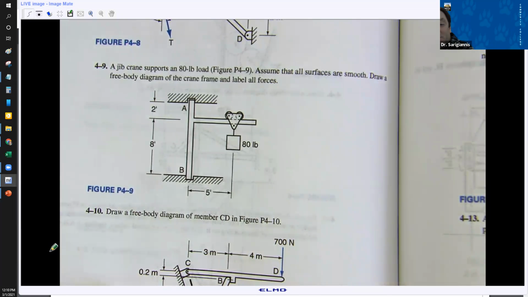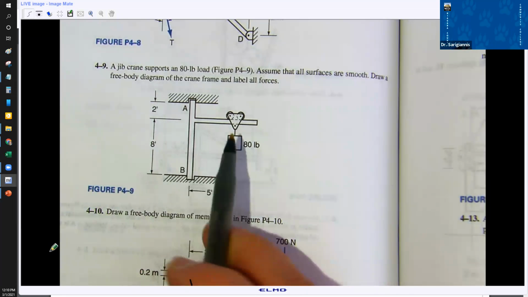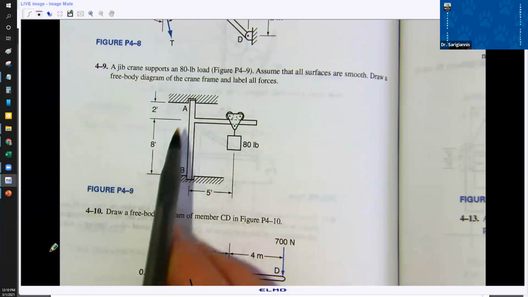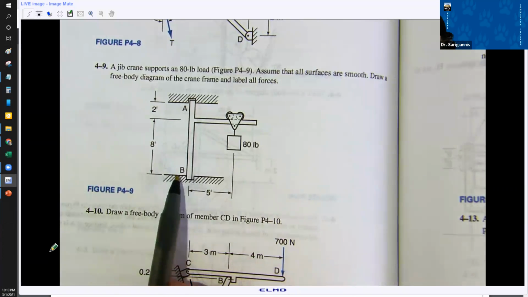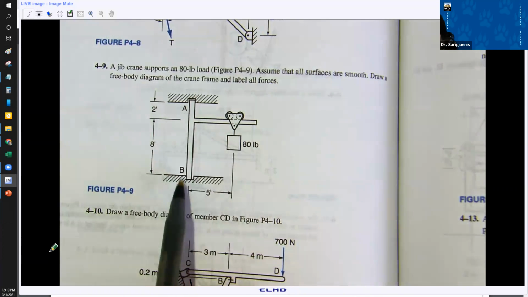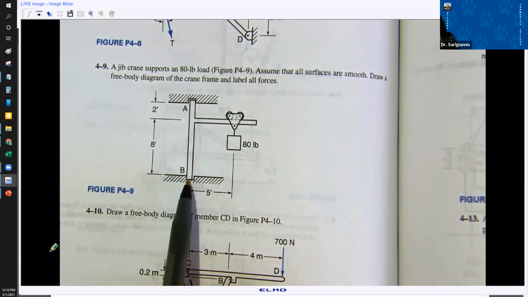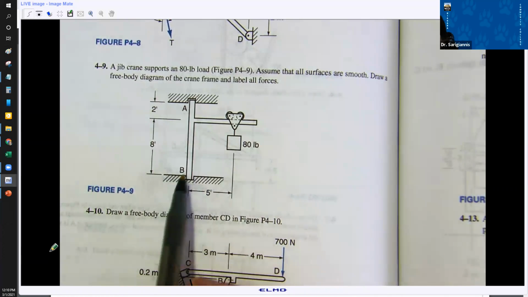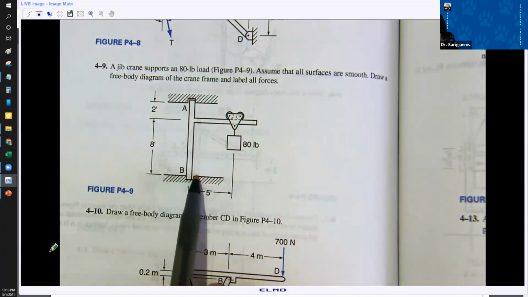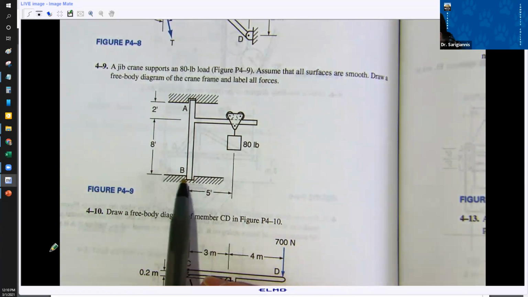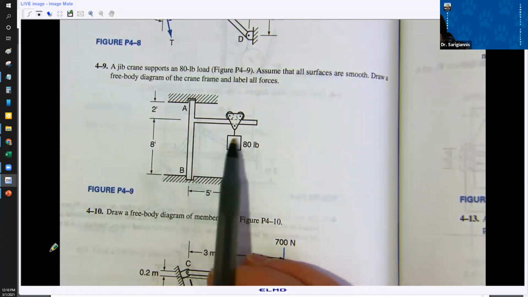Now, the thing that was weird about this one was the way this is shown at A and B. This structure here is not embedded in A or B. It's resting inside of these holes, if you imagine like a pole or something.